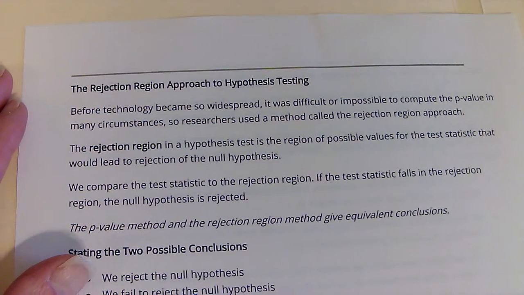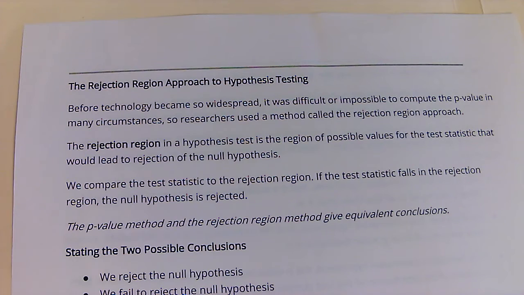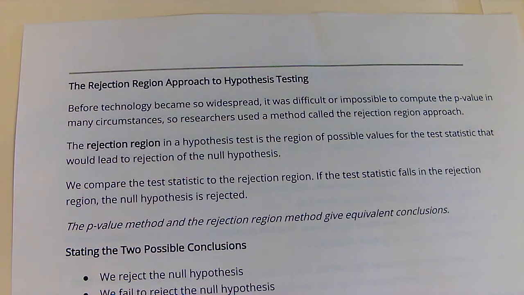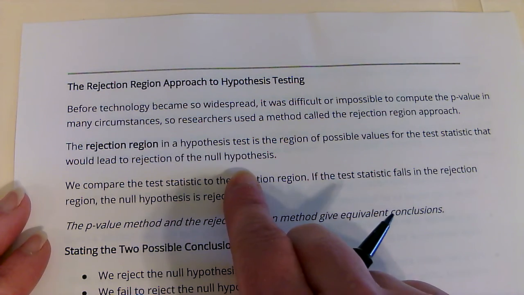Before technology became so widespread, it was difficult or impossible to compute the p-value in many circumstances. So researchers used the method called the rejection region, kind of finding that region that we were just sketching. It is the region of possible values that would lead to rejecting the null hypothesis.